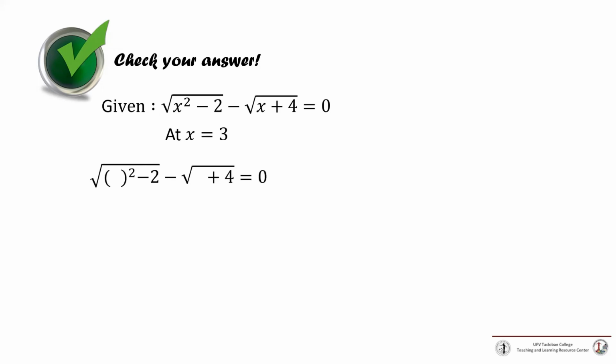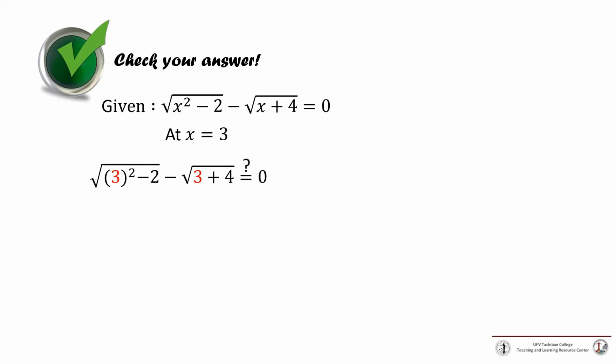So we write the square root of x squared, where x is a placeholder in this case, because x is our variable. And then we substitute the value of our x, which is 3, to the variable x. That's why we have the square root of 3 squared minus 2, minus the square root of 3 plus 4 is equal to 0.